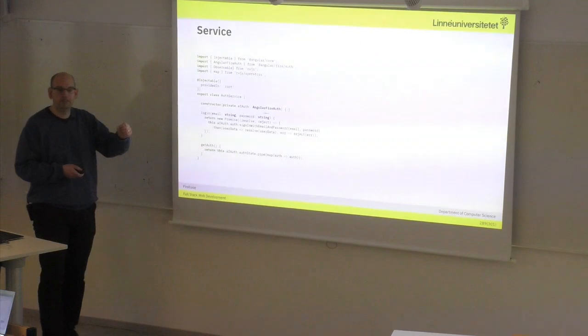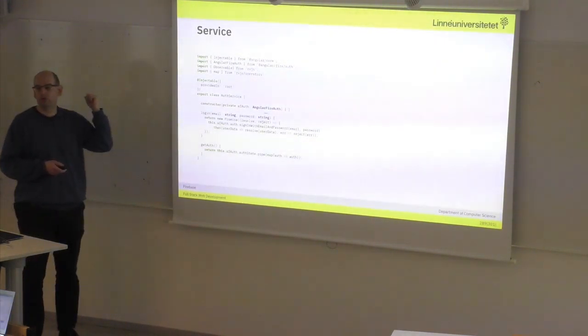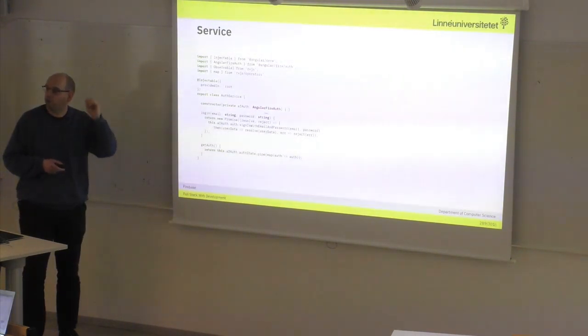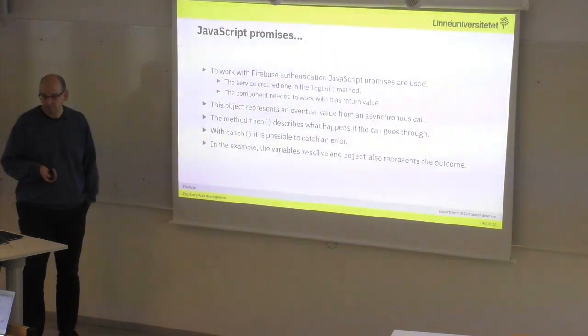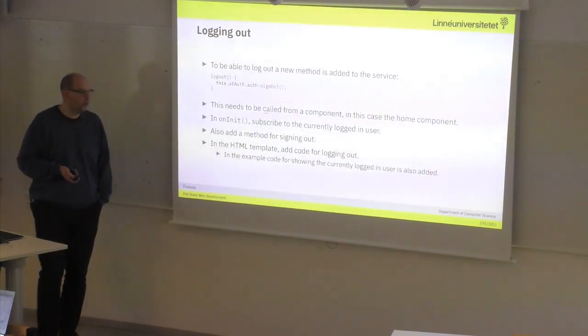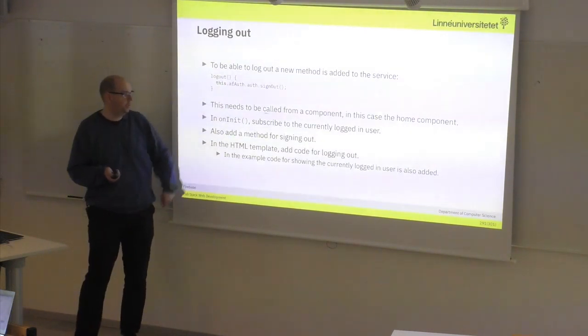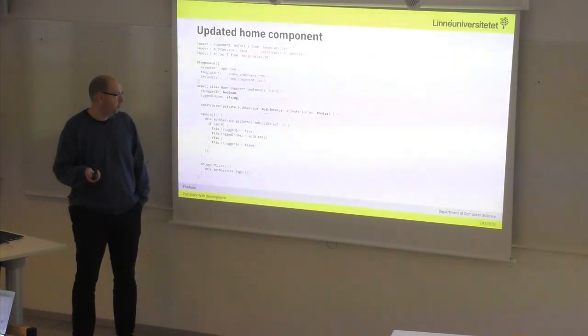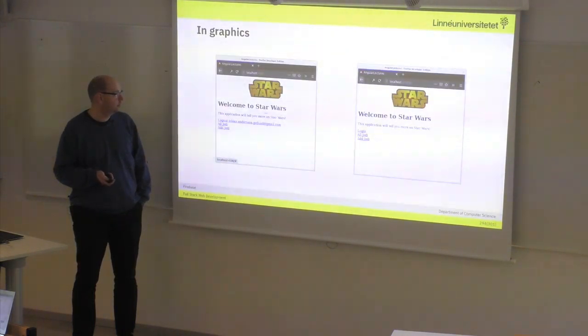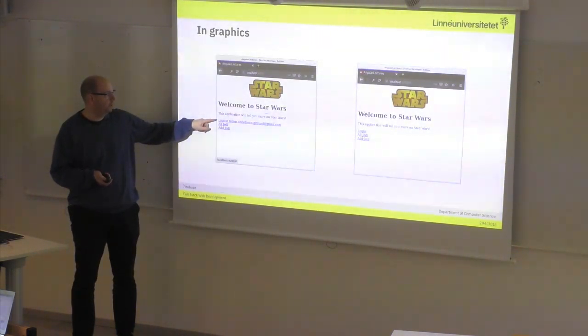Firebase checks, is this an authorized user, sends a token back to us if it is. And it works basically the same for all other ways of authenticating a user. And logging out is just calling sign out. Yeah, you can check this. Cool stuff. Log out if we have a user.